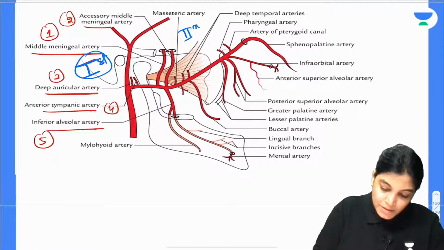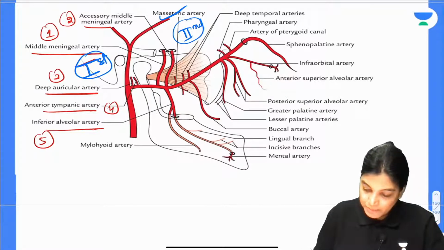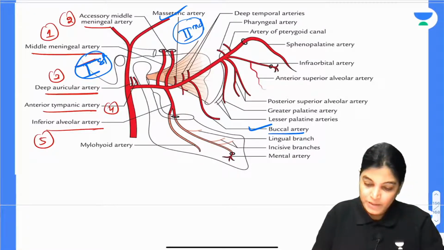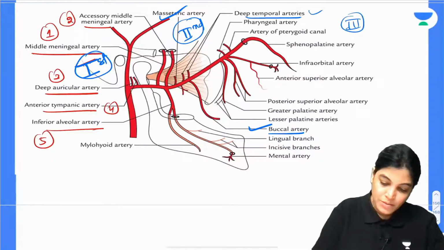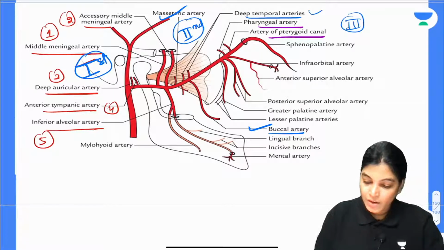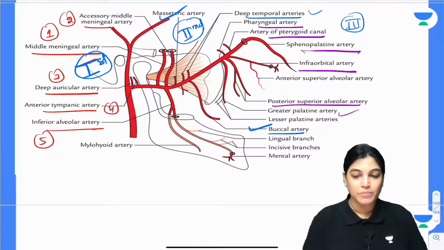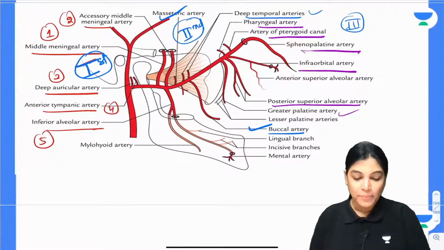From the second part, the muscular branches: masseteric, buccal, temporal. From the third part, the branches are pharyngeal artery, artery of the pterygoid canal, infraorbital, sphenopalatine, posterior superior alveolar and palatine arteries. Don't worry, I will write the names so that you can revise.